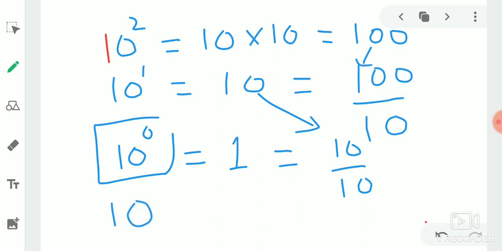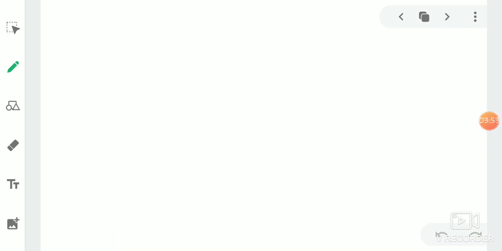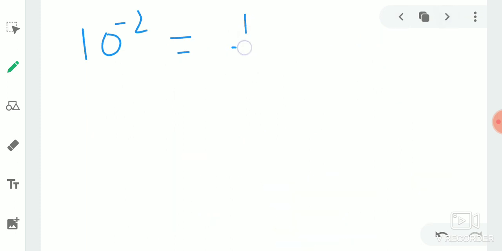Similarly, if we continue, 10 raised to power minus 1 equals 1 divided by 10. Similarly, so on, we will go to 10 raised to power minus 2. I will show it on the next page. 10 raised to power minus 2 equals 1 by 10 divided by 10.